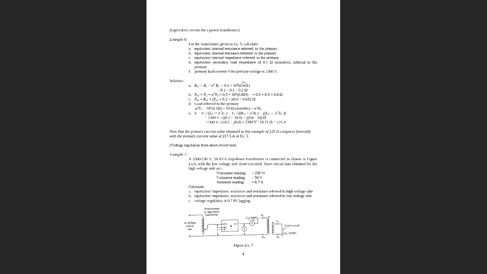So here is a demonstration that, for A, the equivalent internal resistance referred to the primary is the primary resistance, the original value, plus the transformation ratio a squared times the secondary resistance. You will find the primary is 0.1 ohms. Secondary referred to primary will now be 0.1 ohms too.